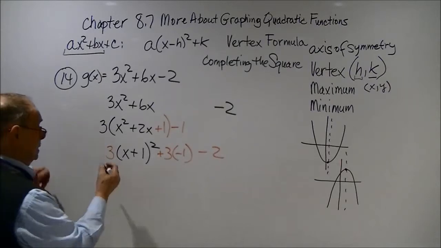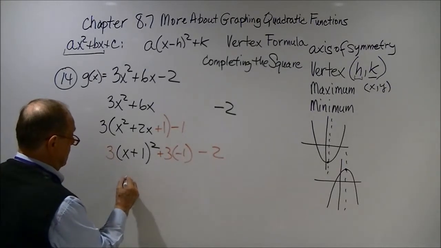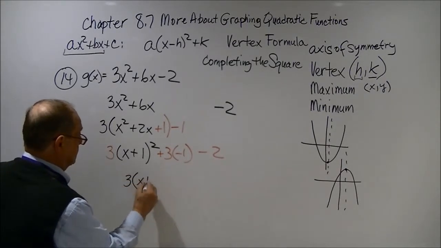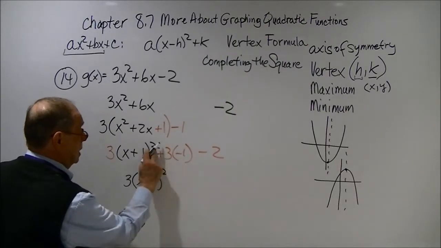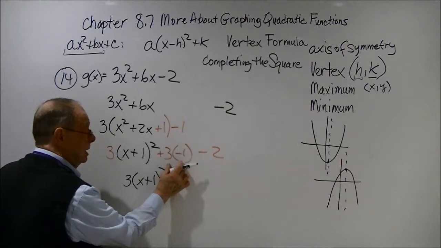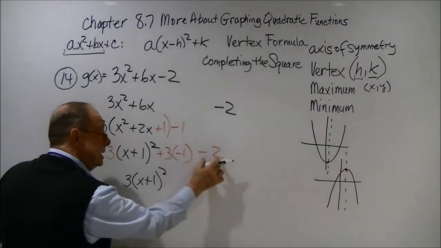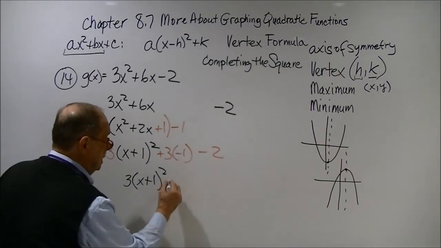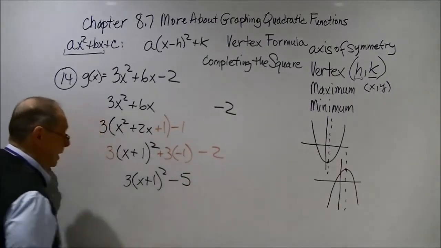So to finish this, I get 3 times x plus 1, the quantity squared. This is going to be a -3, and a -2 will give me a -5.